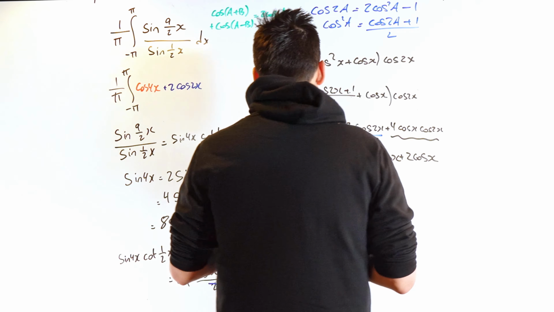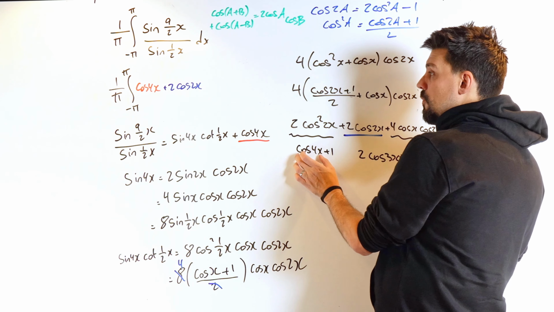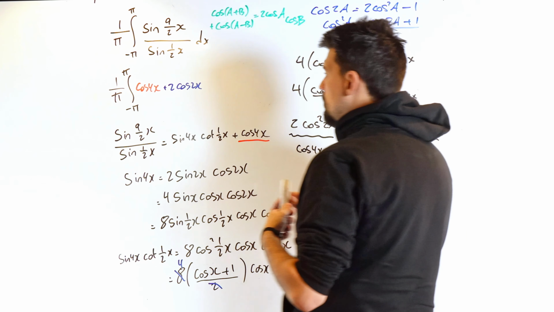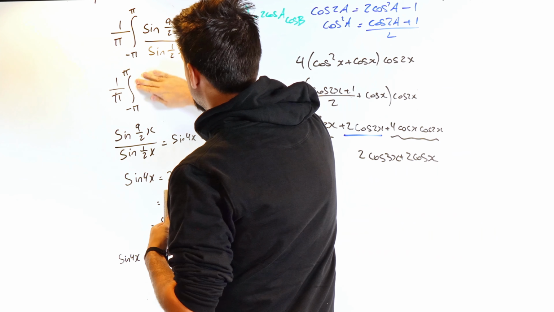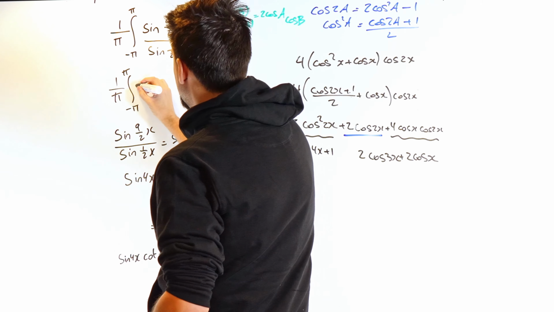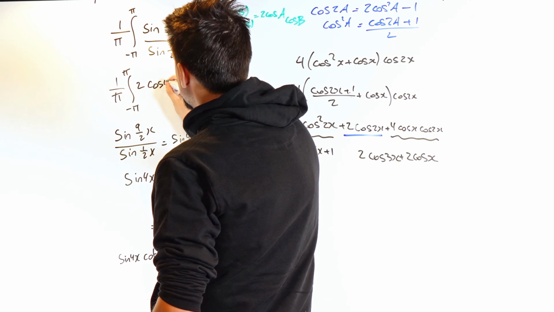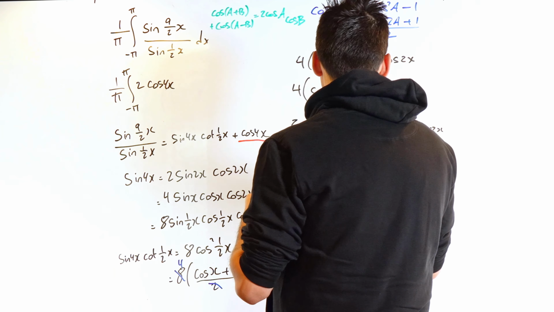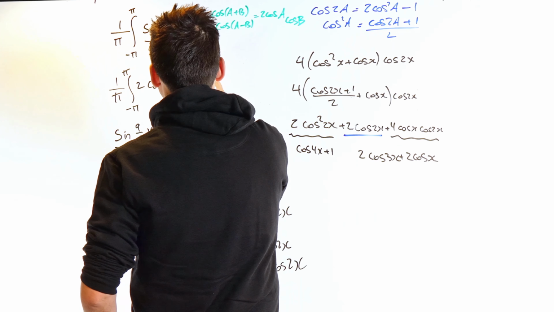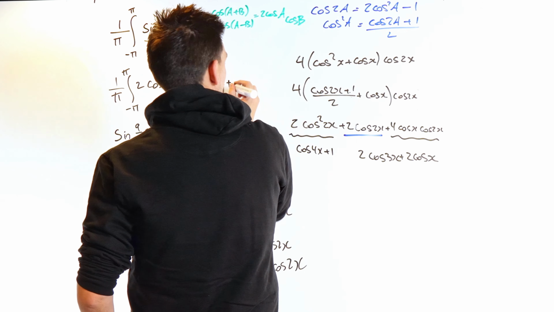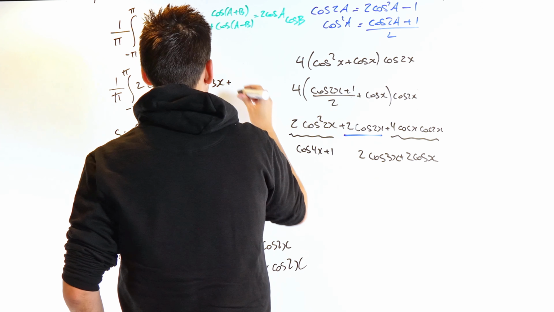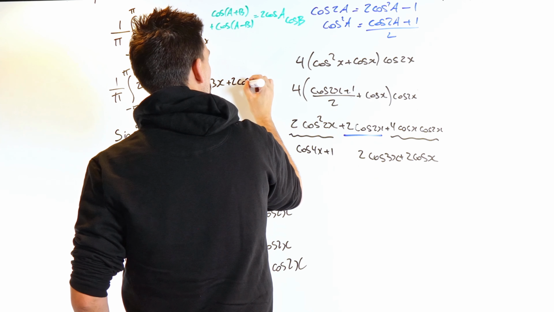All right, so let's put all this in. This cos 4x is going to give me a 2 cos 4x. I've got a 2 cos 3x. I've got the 2 cos 2x I had from earlier here.